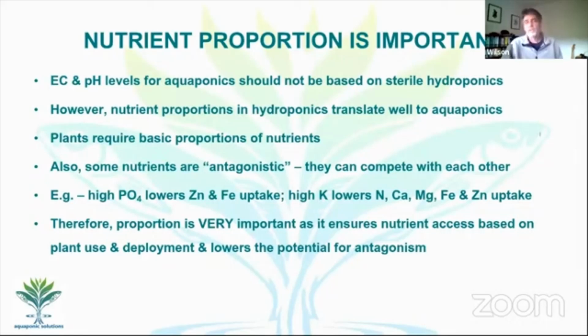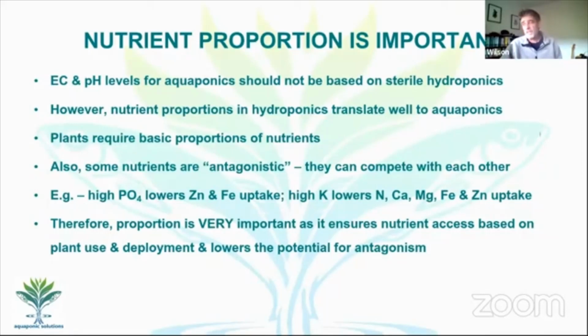Also, as most people know with a background in hydroponics, nutrients are antagonistic to each other in a chemical sense. So they can compete with each other. For example, if you have high phosphorus, as phosphate, in an aquatic system, it can lower the availability of zinc and iron uptake in plants just because there's too much phosphate.